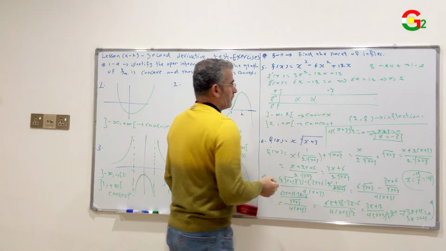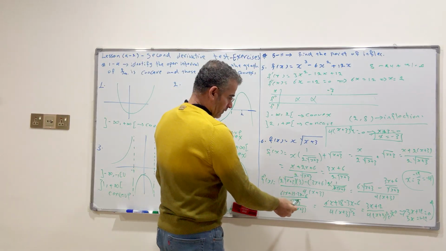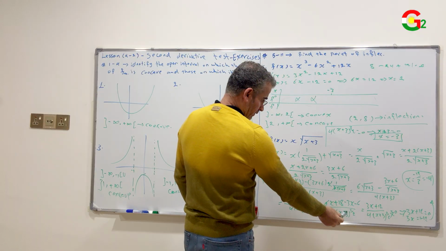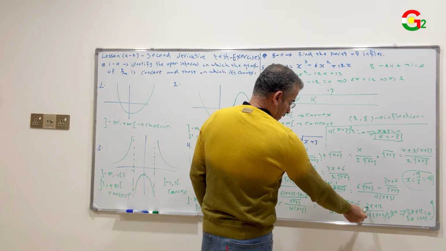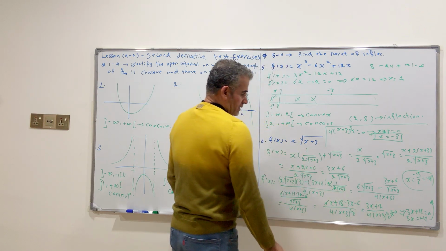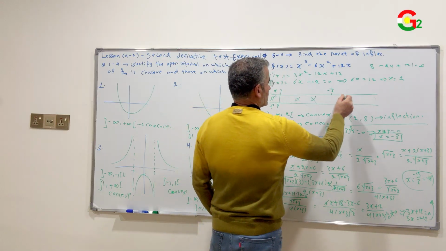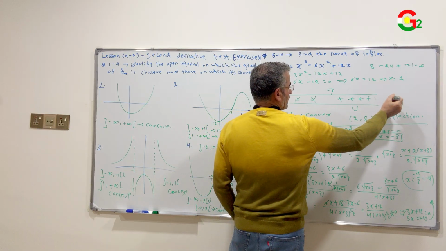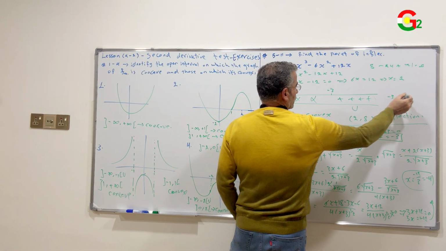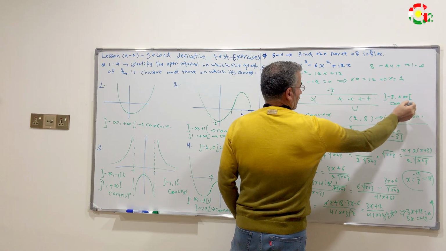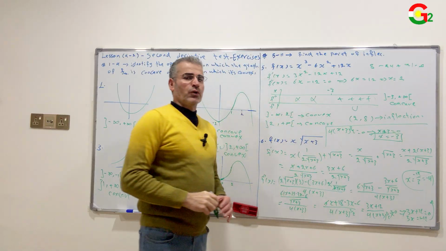After negative 3, take negative 2 and find the sign of the second derivative. 3 times negative 2, negative 6 plus 12, 6 over a positive value, it is positive. Then the interval of concavity is from negative 3 to positive infinity. The function is always concave up and there is no inflection point.